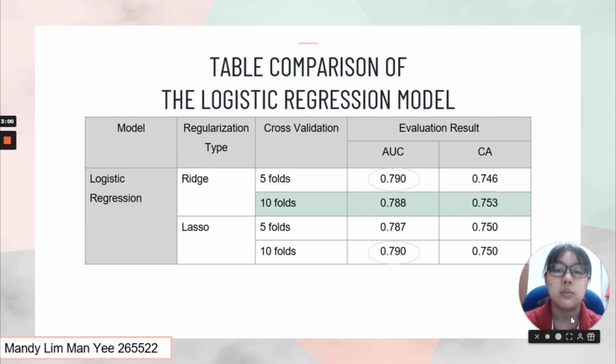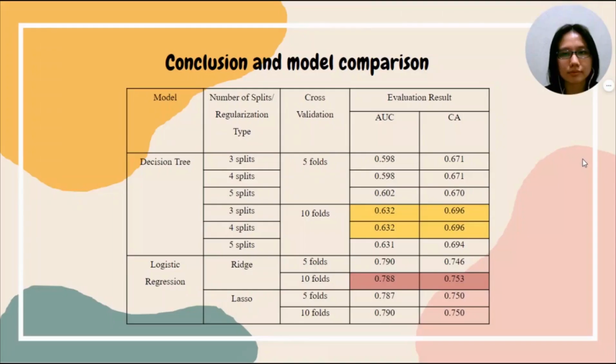This is what we did, and we put all the results in a table to compare which is the best model. After comparing the results, we find that logistic regression with ridge and 10 folds is the best model, with 0.788 AUC and also 0.753 CA.